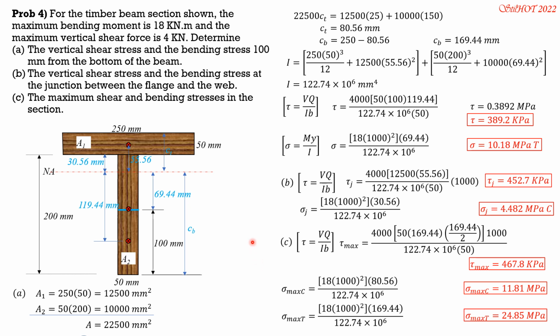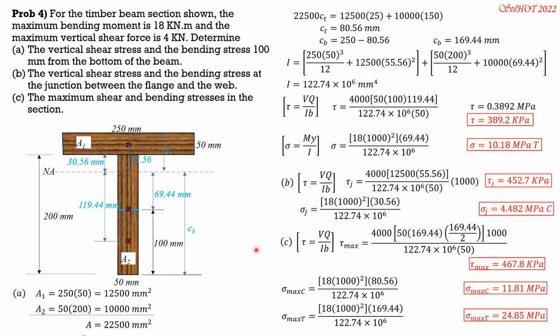I hope that you were able to follow and understand the solution and the explanations. This is a very nice example for this problem, where the maximum bending moment and the vertical shear force are given.